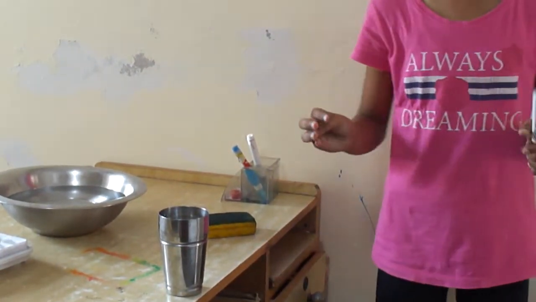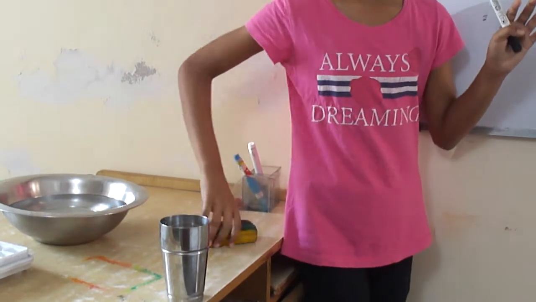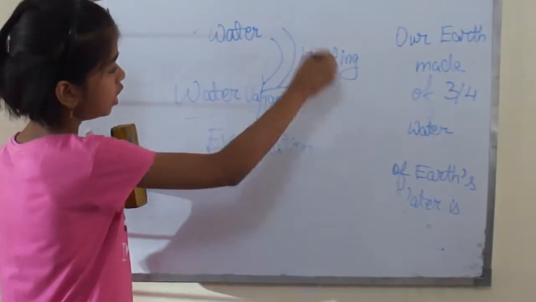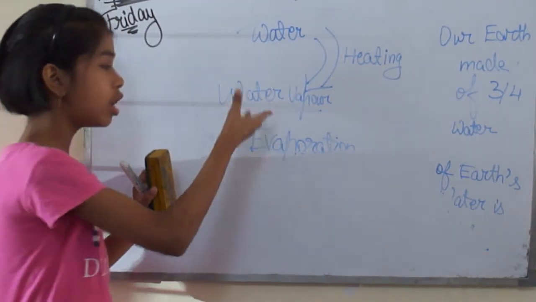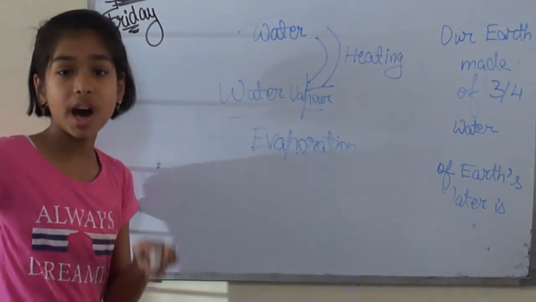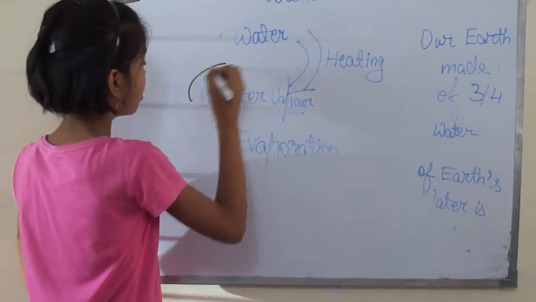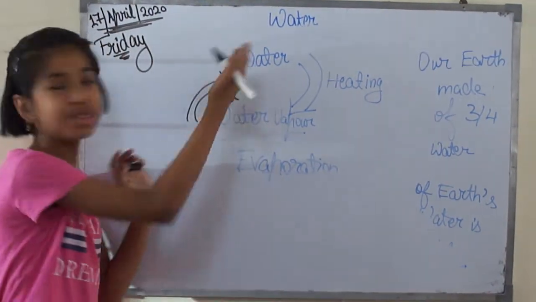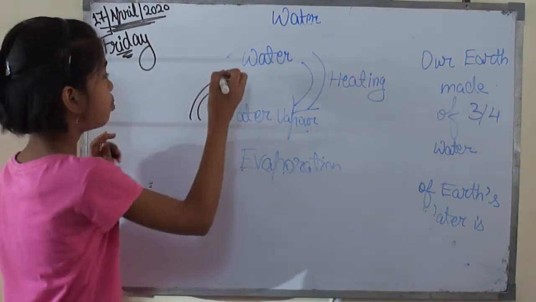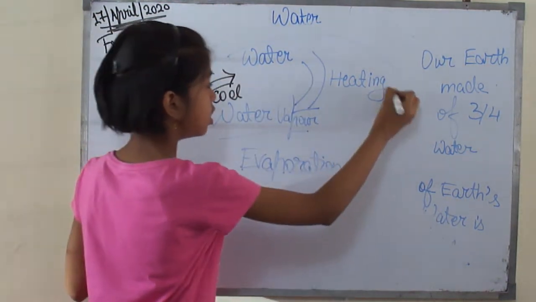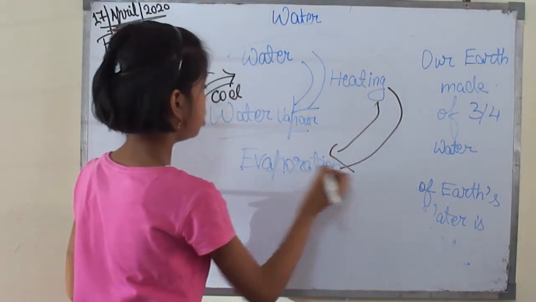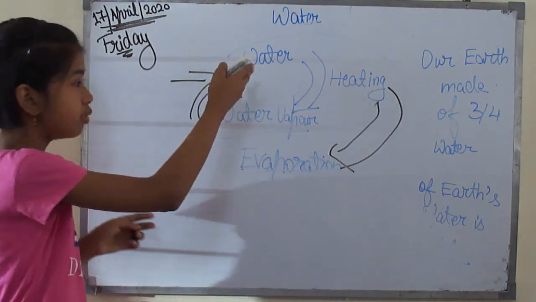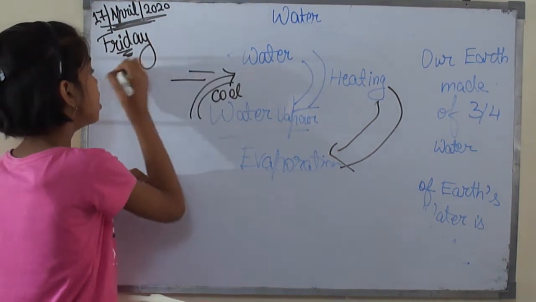So let's study about condensation. You know that if I heat this water, it turns into water vapor. And what if I cool this? It will turn into water. This process on heating is called evaporation. And when I cool the water vapor and it turns into water, it is called condensation.